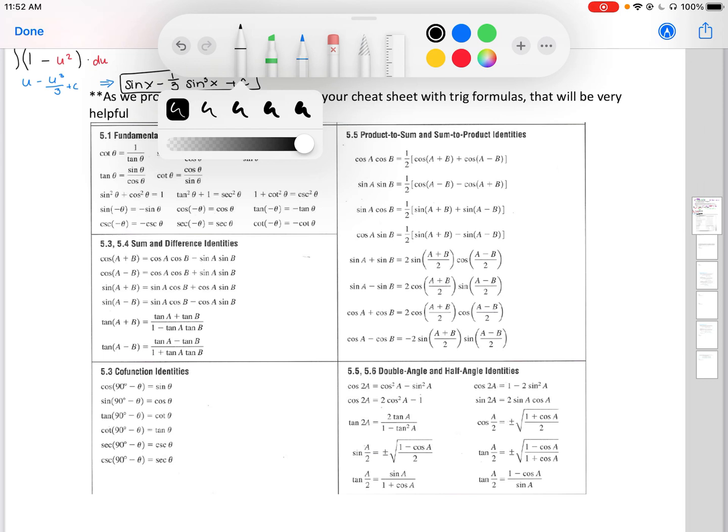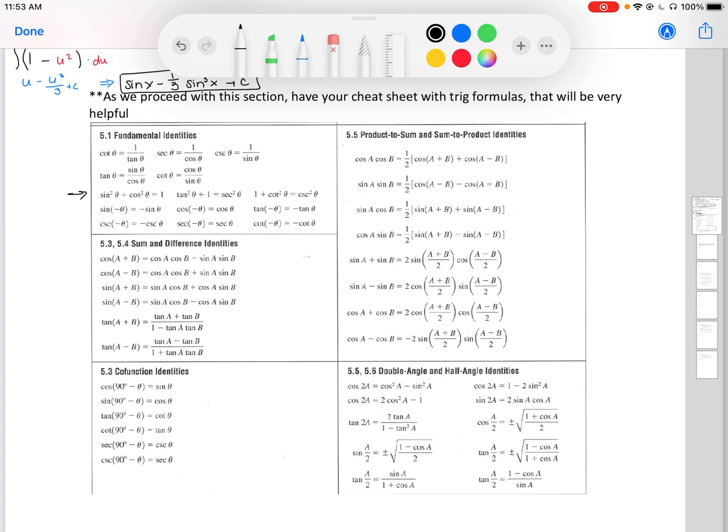To emphasize some that we're going to use the most, we have our Pythagorean identities. It might be helpful to use our even and odd functions. We can also use our product to sum identities, depending on our argument.